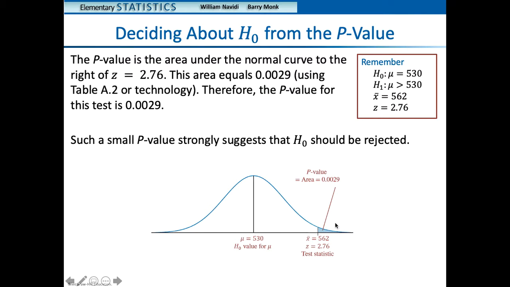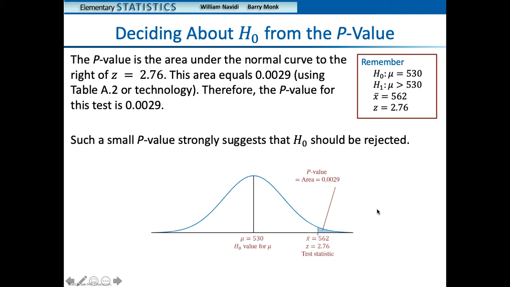So we could say that if my sampling distribution, which represents the distribution of all possible sample means, is centered over 530, the probability of getting one specific sample mean of 562 is 0.0029.